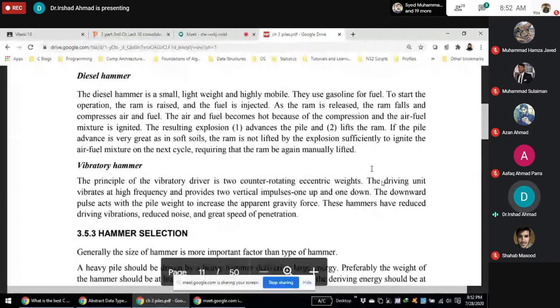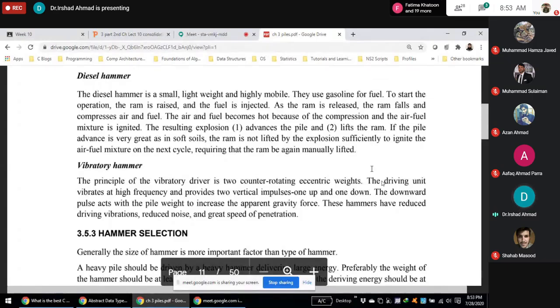Due to that pressure, two things occur. Number one, because of that explosion, the pile is driven down, and because of that explosion, the hammer is automatically lifted up. So though you have started the operation manually, it becomes automatic itself. So the explosion lifts the hammer up, and when it drops down, you repeat the cycle. You inject the fuel, it is compressed, explosion occurs. As a result, the pile goes down, the hammer lifts up.